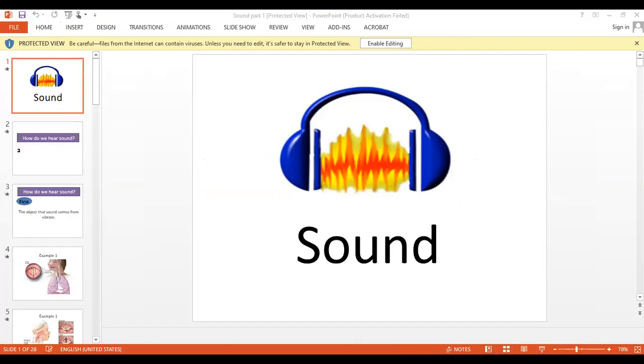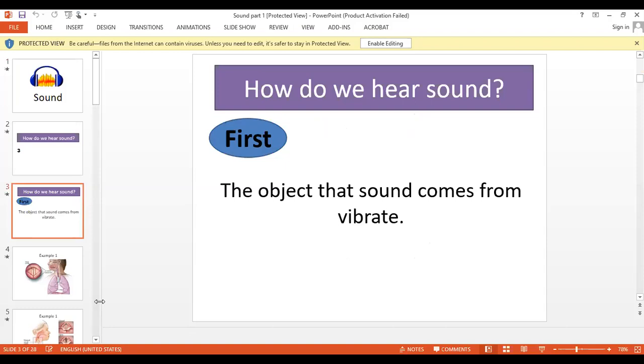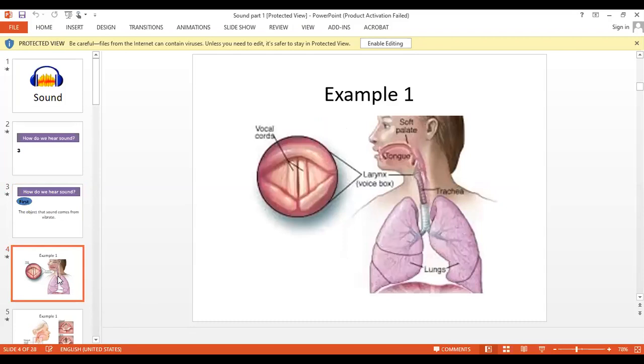So the sound. So how do we hear sound? Inside our throat, or inside our larynx, there is something called the larynx or the voice box.